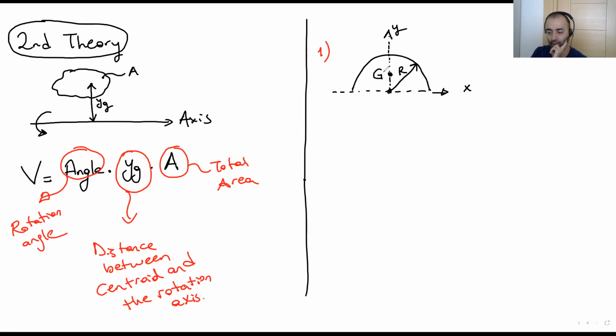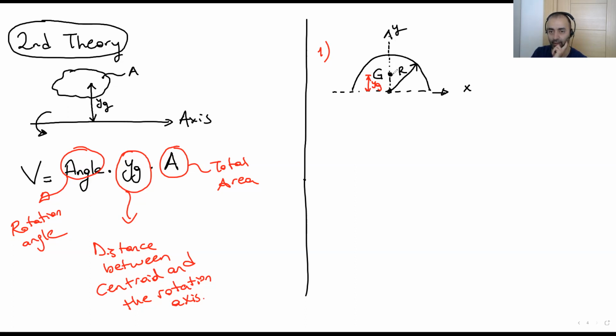This is not an area, by the way. This is not an area. Okay, I'm going to give you the area in the next point. But this is only a wire. This is the center point. Okay, what is the YG? YG for this shape. What is the YG? YG is this. Because in the X direction here, this point is the center point.